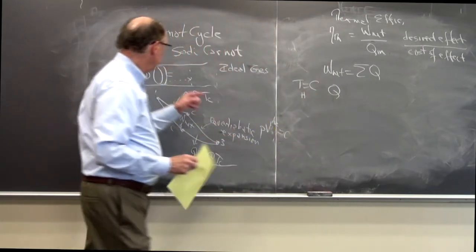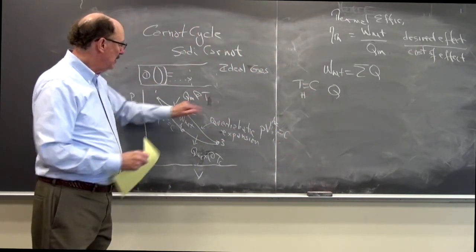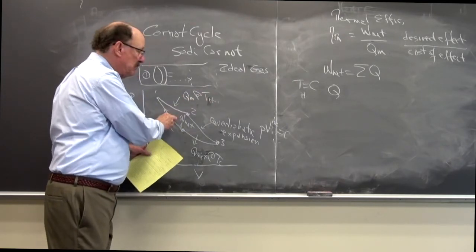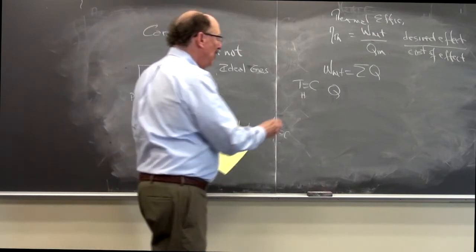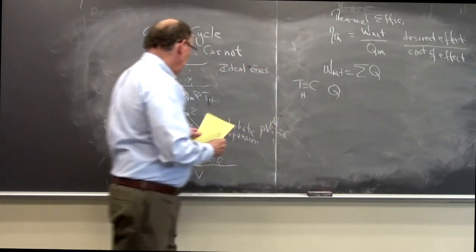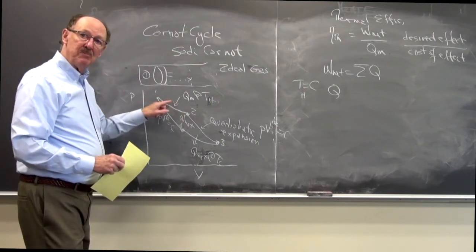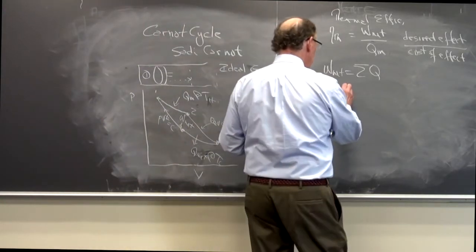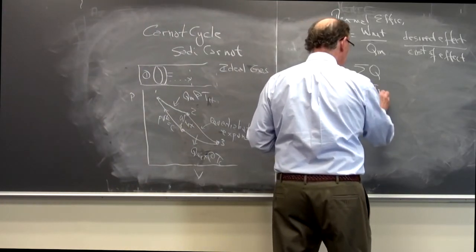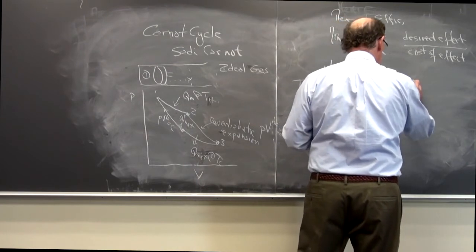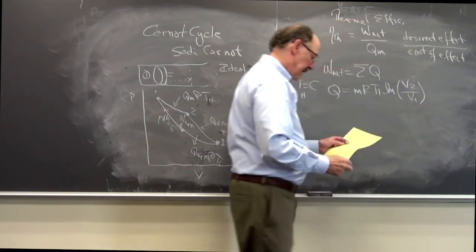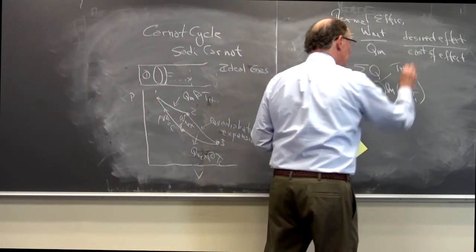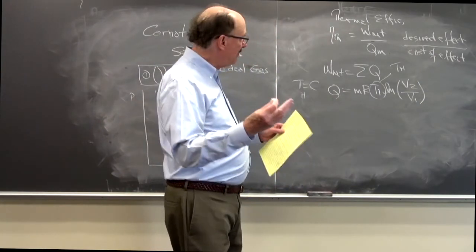Q in is where the temperature is constant at a high temperature, TH. For a constant temperature process, we remember from chapter 6 we had an expression for heat in. Q in was equal to mRT1 times the log of V2 over V1. And T1 is equal to TH, so I see I have a TH term here.